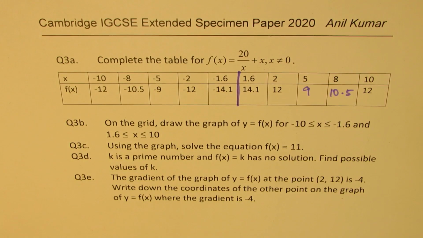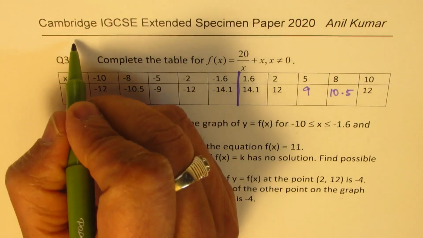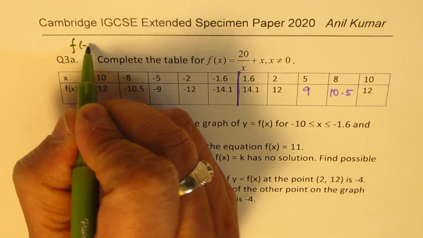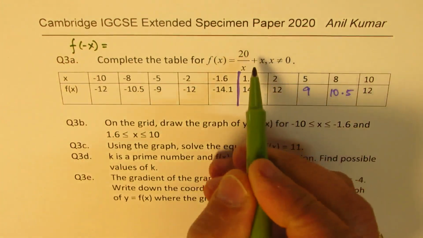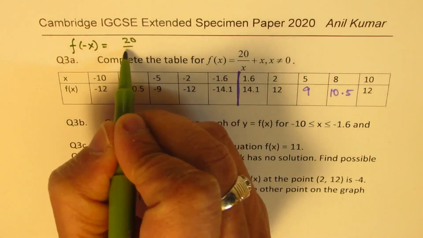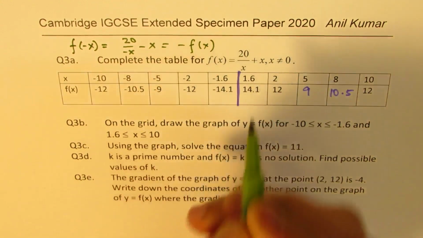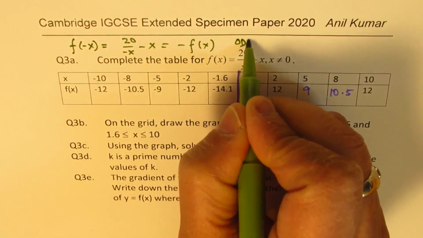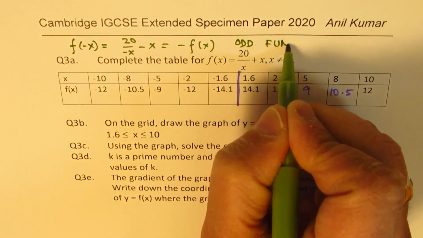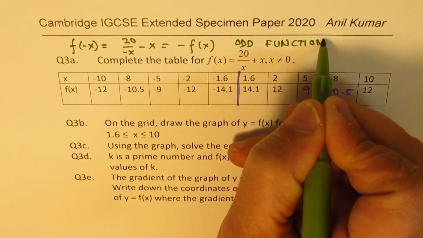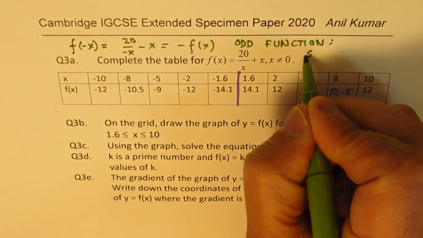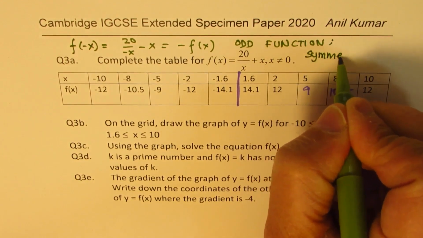So straight away we see some trend. Does that click something? It really means that this function, if I do negative of this function, what do I get? I get 20 over minus x, which is negative of the function itself. So this is an odd function, right? So when you say an odd function, you know it is symmetric about origin.